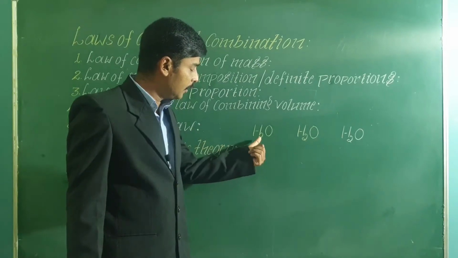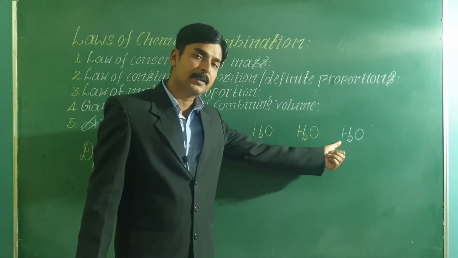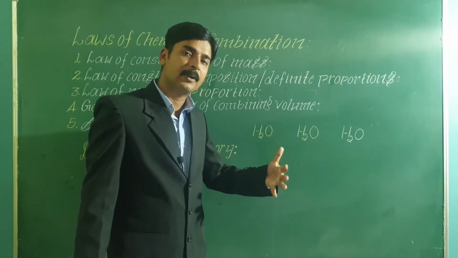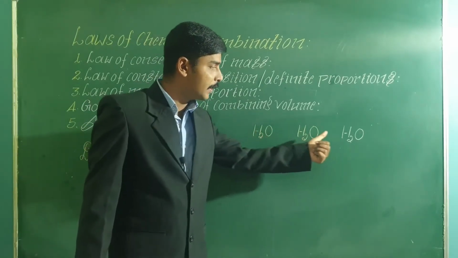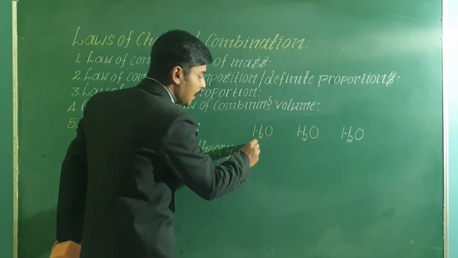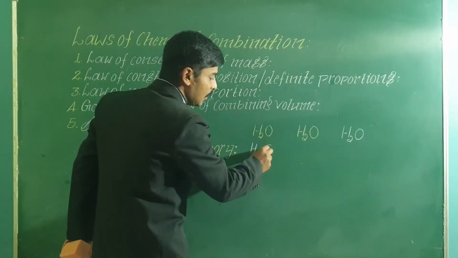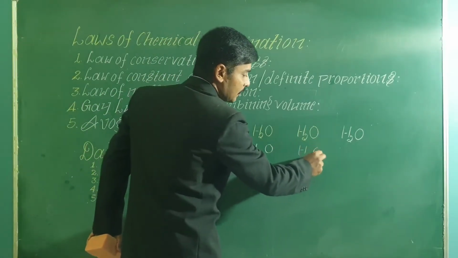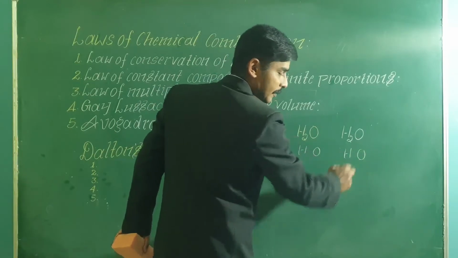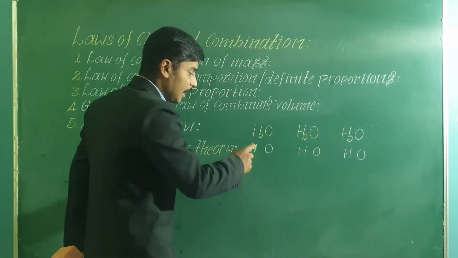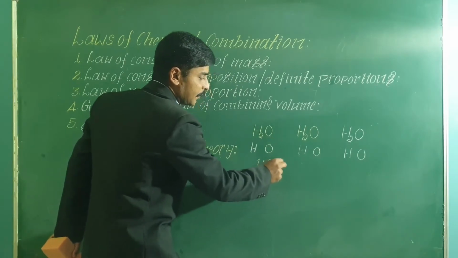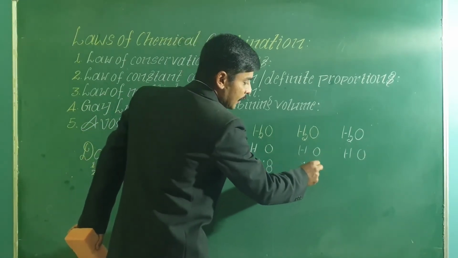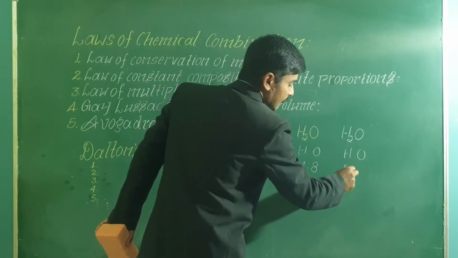Now you see, all these are water samples collected from different sources, but all these contain the same elements, that is hydrogen and oxygen, and that too they have combined in the same ratio, 1 is to 8, 1 is to 8, 1 is to 8.